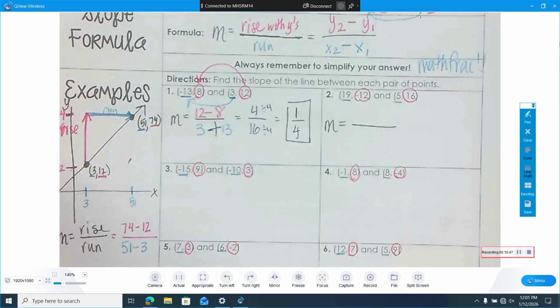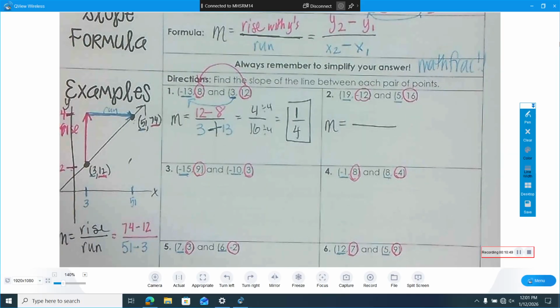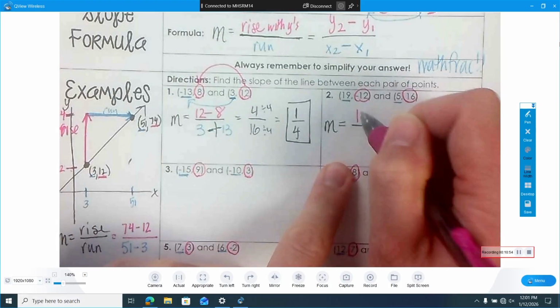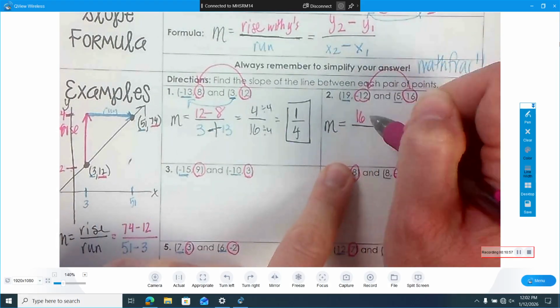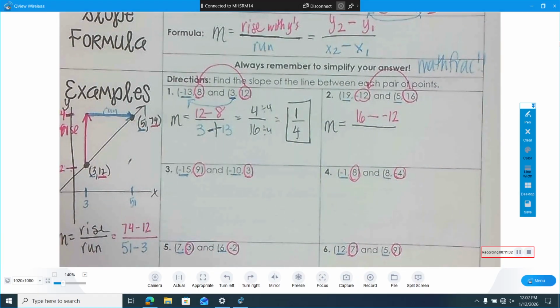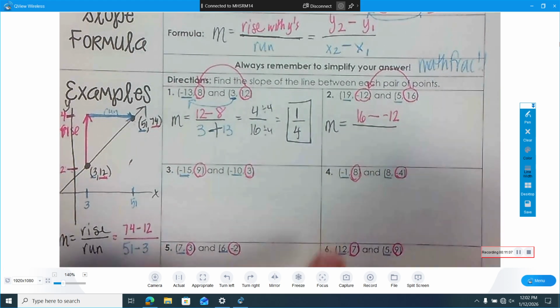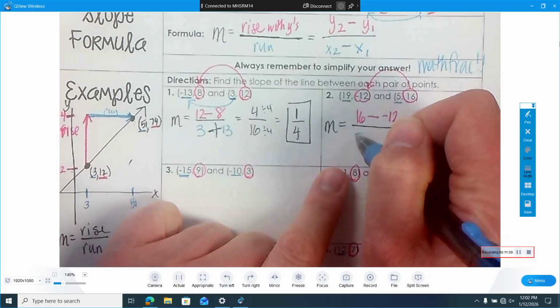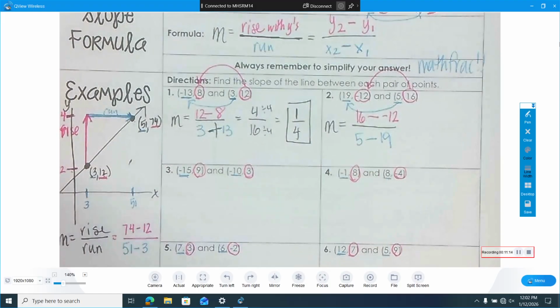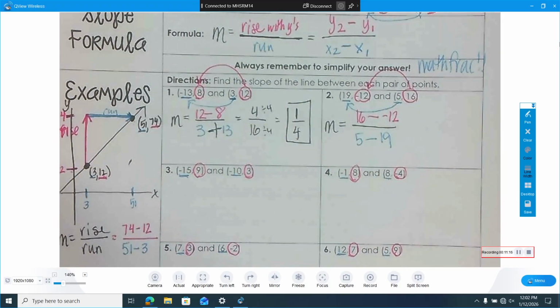Slope is equal to a fraction. Rise with the y. So I'm going to start with my y coordinate. I'm starting with 16. And I'm going to subtract the negative 12. And then in the denominator, the x's go on the bottom. What do I start with? 5. I'm starting with the 5. And I'm going to subtract the 19. So you should write 5 minus 19. That's the setup. And if you do that right, you'll always get it right.